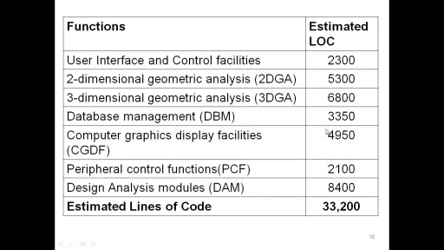Now, consider these lines of code. Suppose in your programs there are functions. Well, these functions could be grouped into several modules. So functions like user interface and control facilities, you have to count the number of lines. On another module, you might have this. So suppose that this is the complete module of your system.